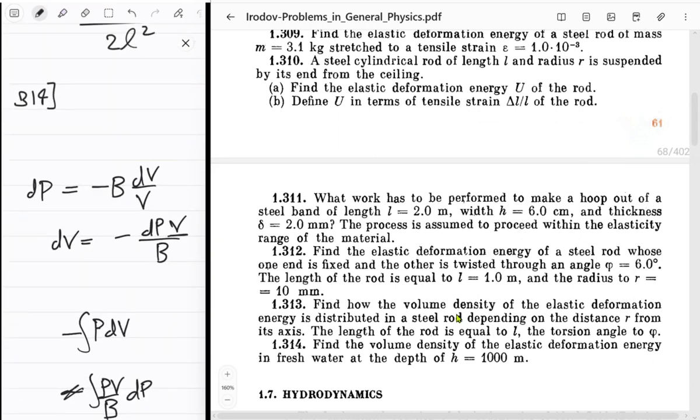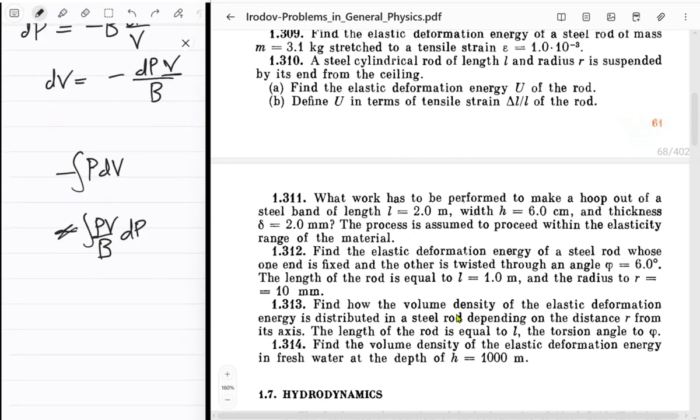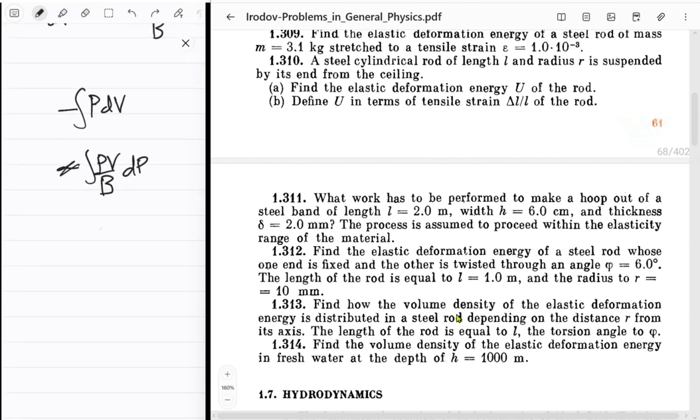Unfortunately, the changes are related, not the quantities themselves. It's not like stress-strain anymore, so it's so much harder to do. Anyway, it will just be half volume times P squared upon the bulk modulus.